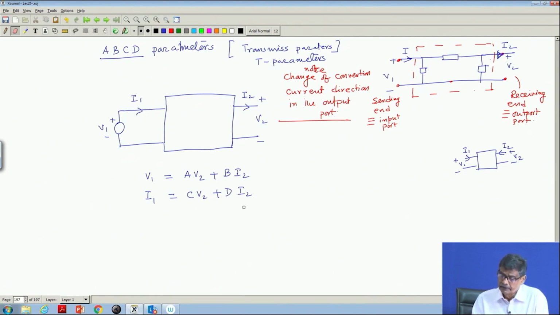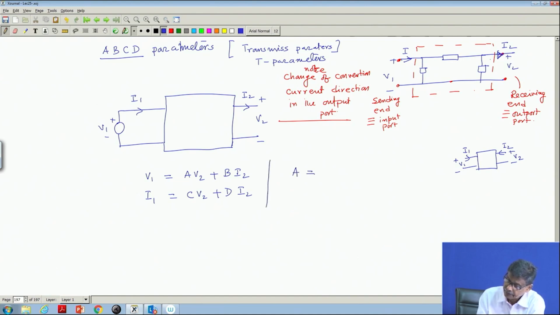Okay. Now, after we decide that I will write it in this fashion, then we can define A, B, C, D, and see how to find out the ABCD parameters of this two port network, which is, suppose, a transmission line. Now, let us see what A is.